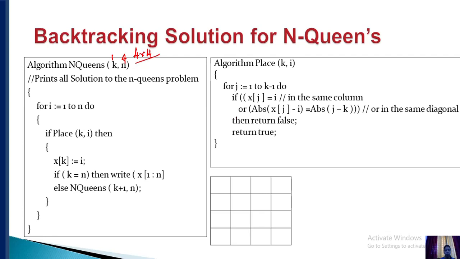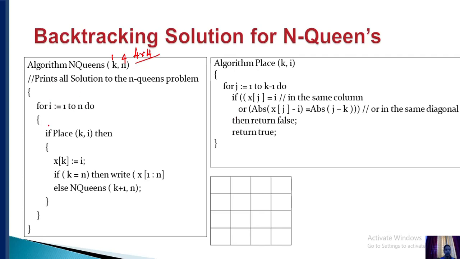For the first queen, there are 4 possible solutions, and if we find the solution for the second queen, again we have 4 possible solutions. There are 4 available places for each and every queen, right? And we have to find which position is suitable for this particular queen. So for the first time we take the first queen, and it has 4 possible places to be placed.